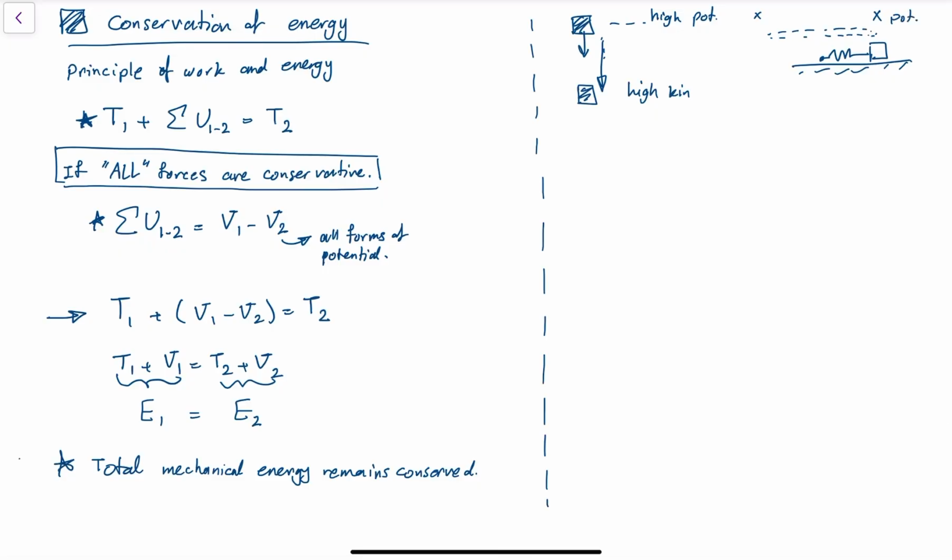And in the middle, as the object passes through the center, you only have kinetic energy. So your kinetic energy and potential energy oscillate back and forth, but the total remains conserved.